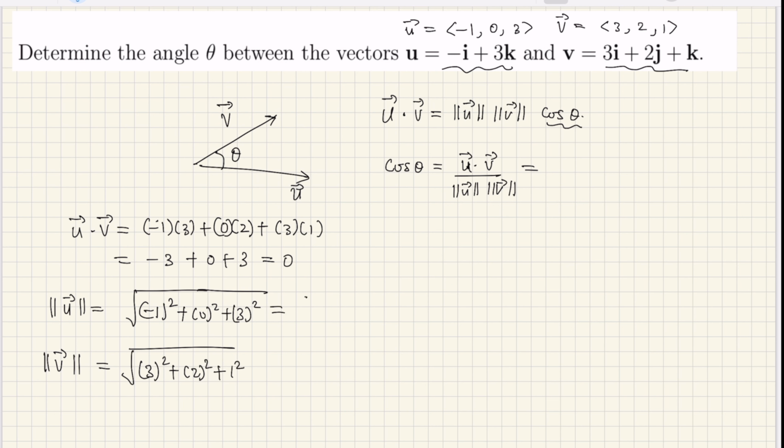If I simplify this, I'm going to have 1 plus 0 plus 9, which is square root of 10. And this is square root of 9 plus 4 plus 1, which is square root of 14. So cosine theta is going to be 0 divided by square root of 10 multiplied by square root of 14.